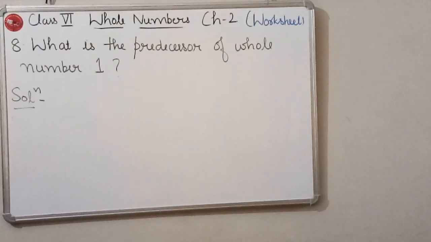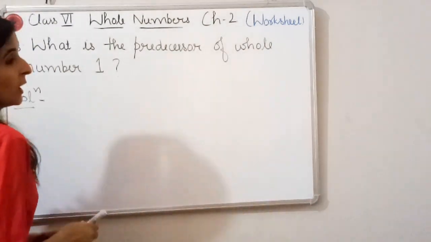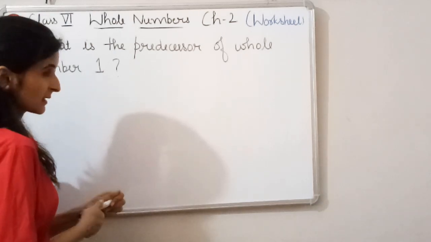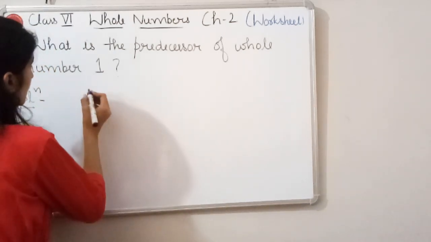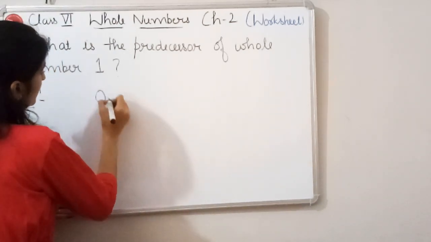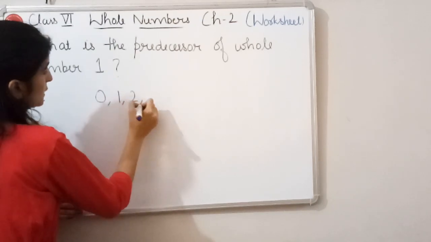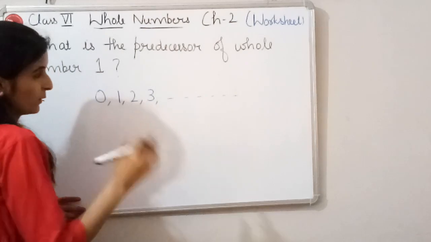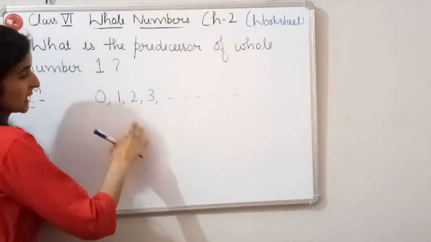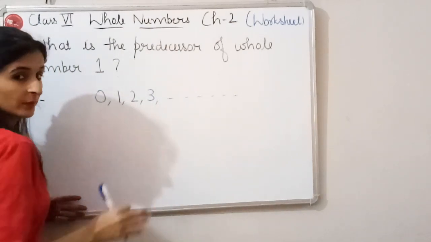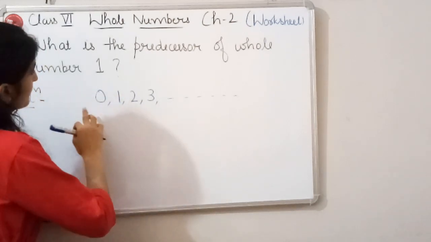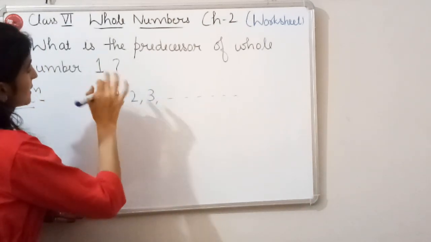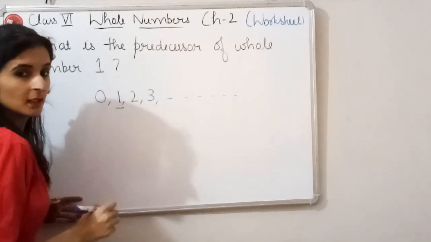Next question is, what is the predecessor of whole number 1? Whole numbers. So children, firstly we are going to write the collection of whole numbers. Whole numbers means 0, 1, 2, 3 and so on. I have already told you whole numbers means the collection of natural numbers along with 0. Now we have to find out the predecessor of this 1 here.